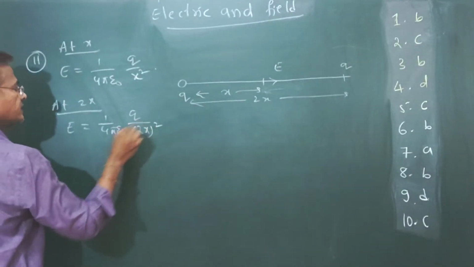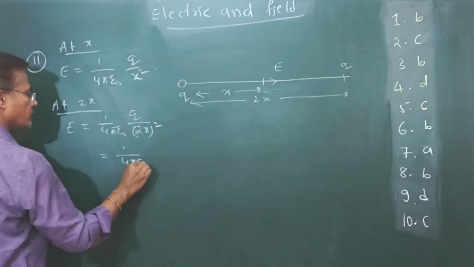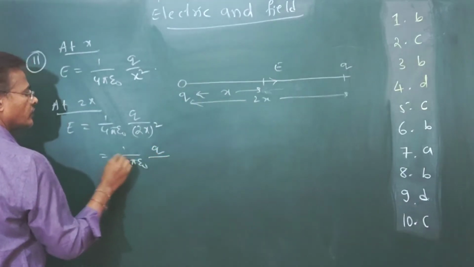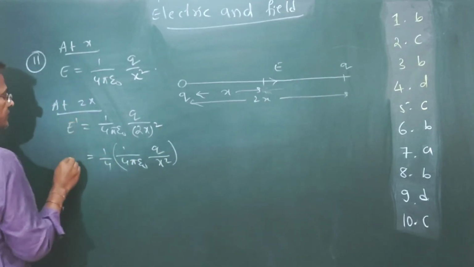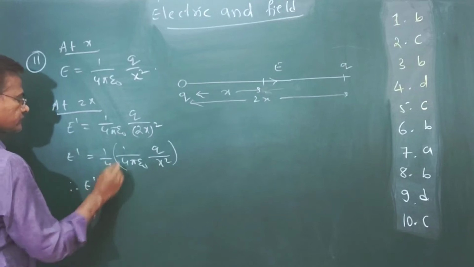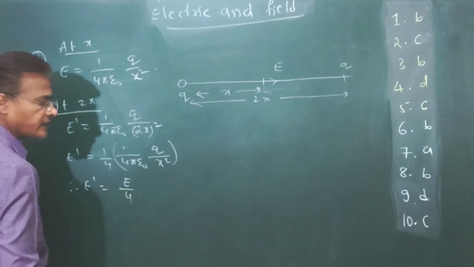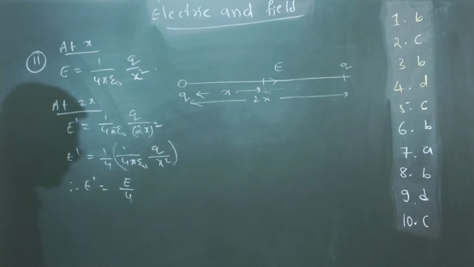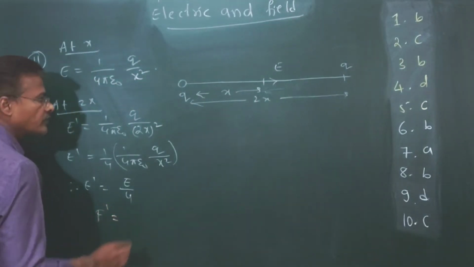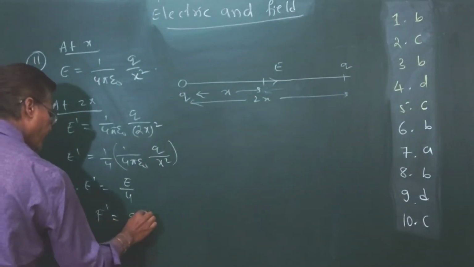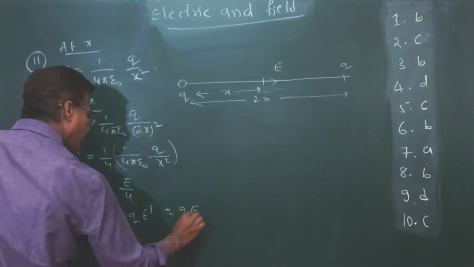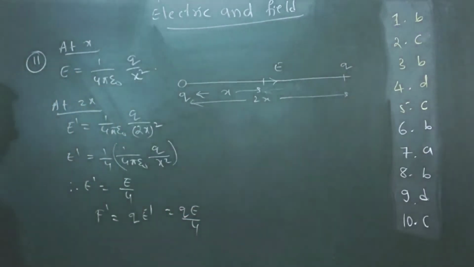So 2x whole square, we can write 1 divided by 4 pi epsilon naught, q divided by 4 x square. That 4 I am going to take outside. Therefore E dash equal to E by 4. Now the force experienced is F dash equal to Q E dash, so that is Q E by 4.